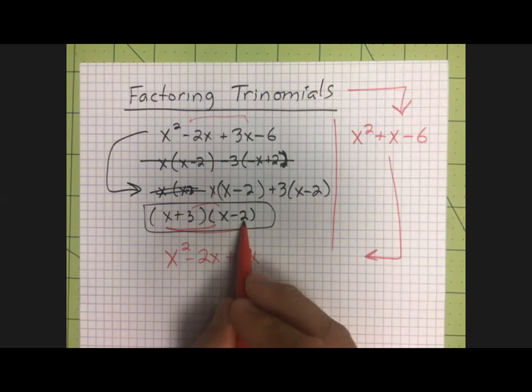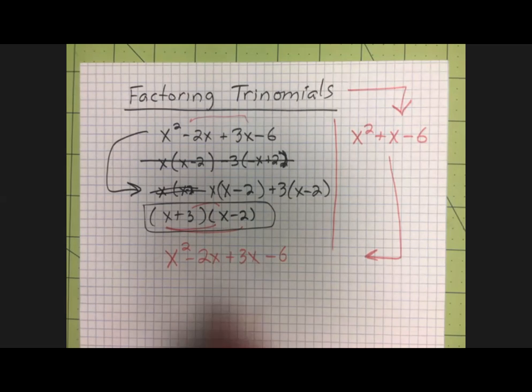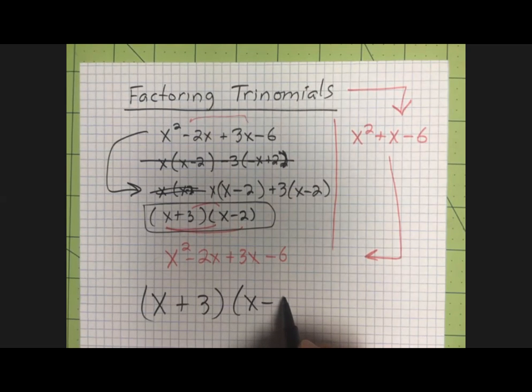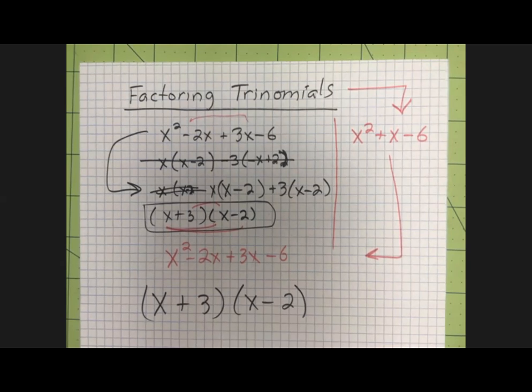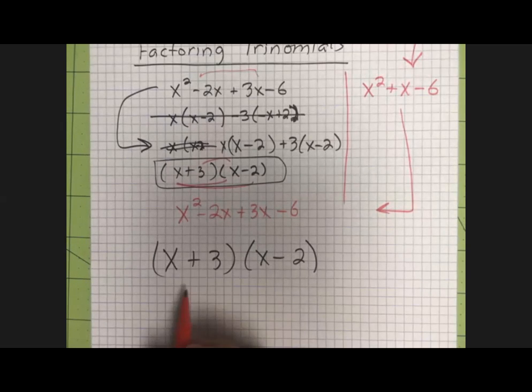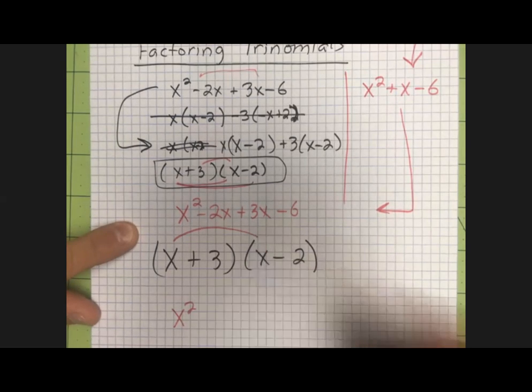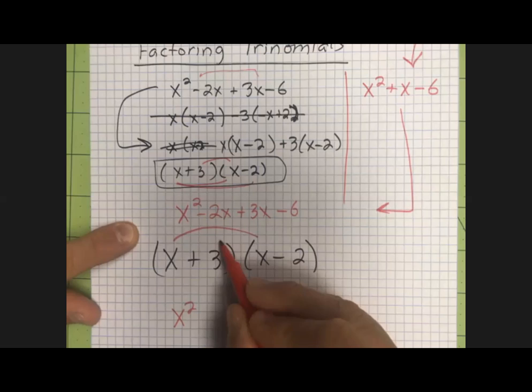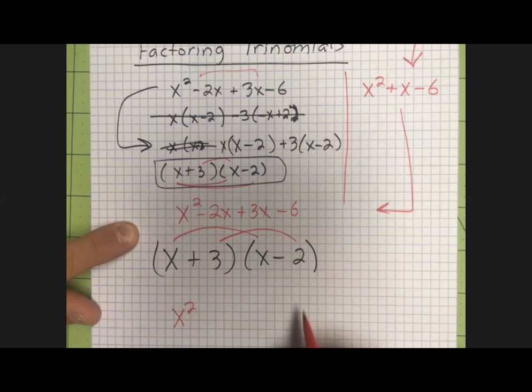And 3 times minus 2 is minus 6. Let me write that larger because I want you to see this in a nice diagram. It's very clear that on the outsides, I get x squared, x times x, and minus 6, 3 times minus 2.